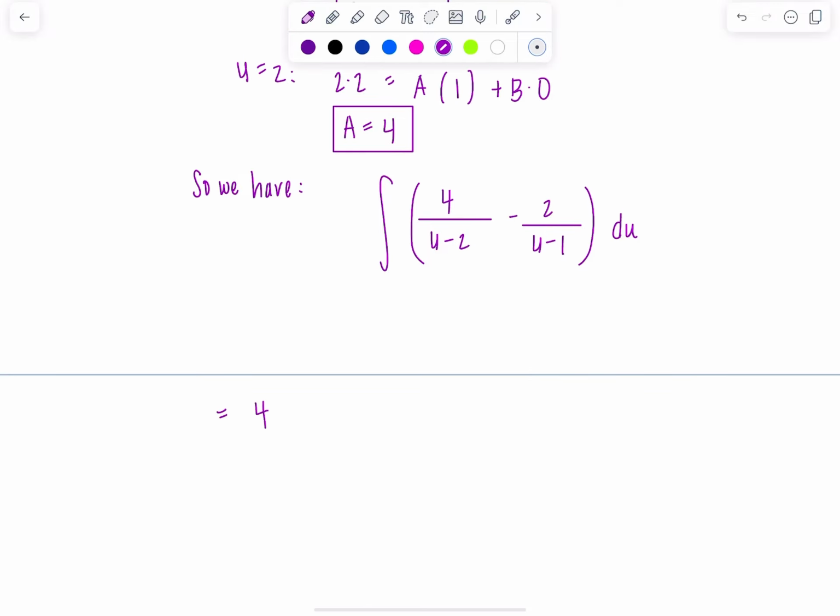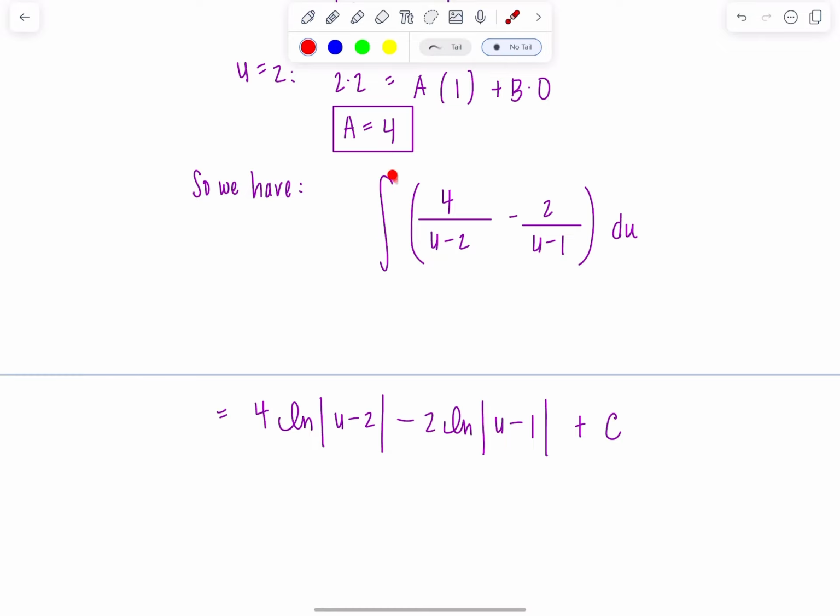So first one, just keep the 4, then you have natural log, absolute value, u minus 2, minus 2, similarly, natural log, absolute value, u minus 1, put the plus C immediately, all right? The integral sign and the differential du go away once you take the antiderivative, and then you need to put plus C when you have an indefinite integral, meaning there's no limits of integration on it.